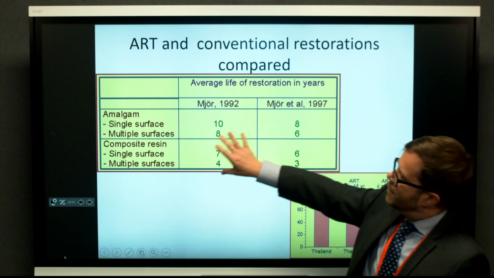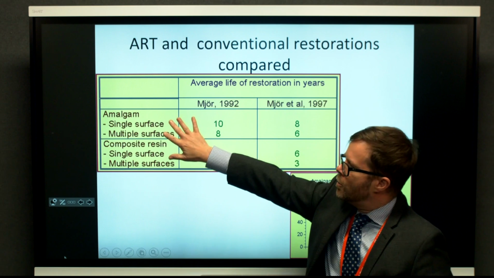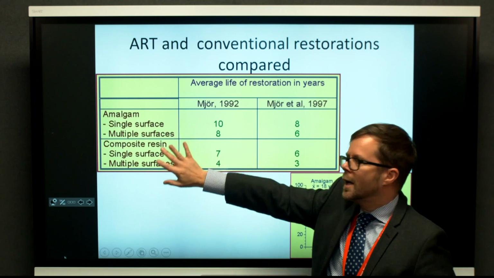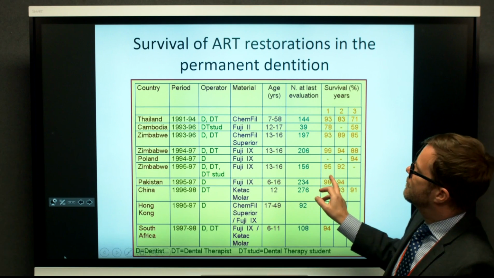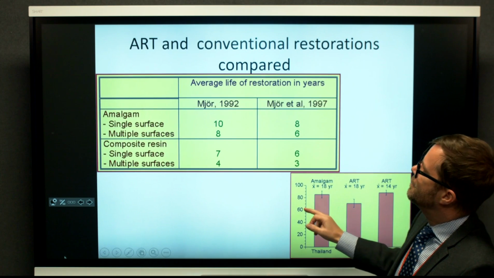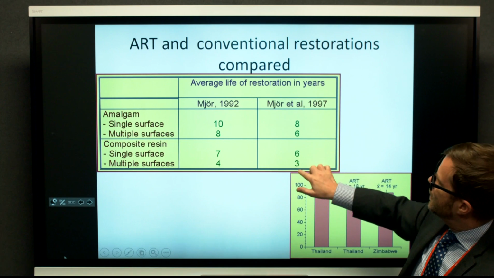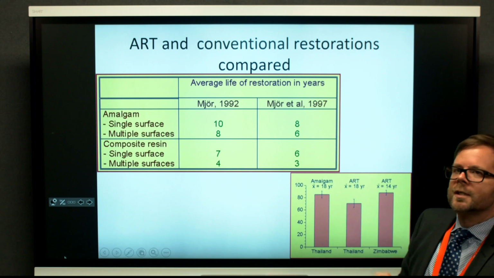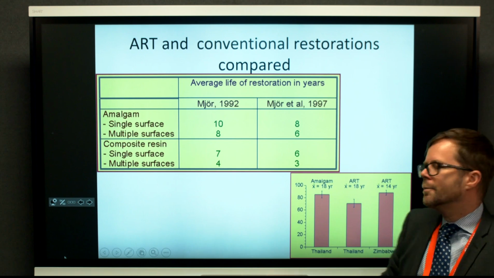When we look at conventional restorative materials, just as a comparison, amalgam, dental amalgam, the silver amalgam, and the resin composite, oops, let's go back, gone too far now. The resin composite material, you can see that the longevity of those is similar to the ART technique.